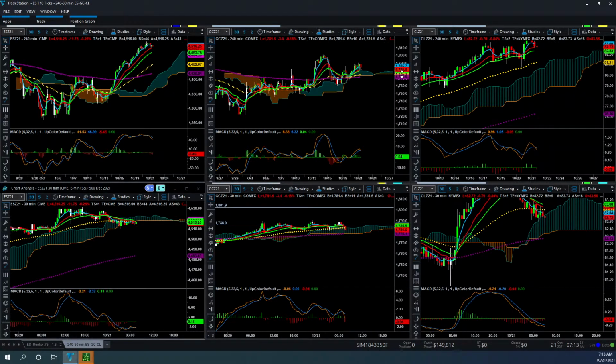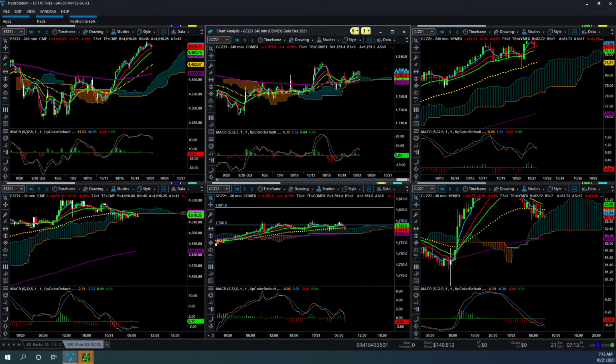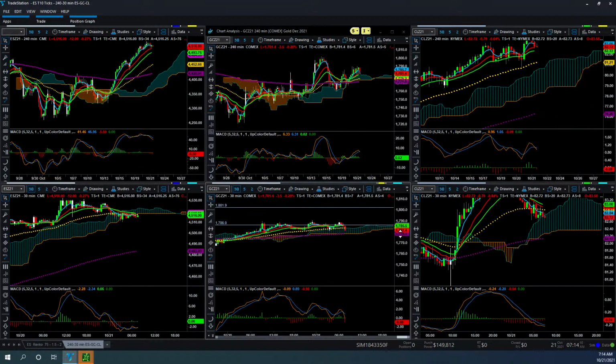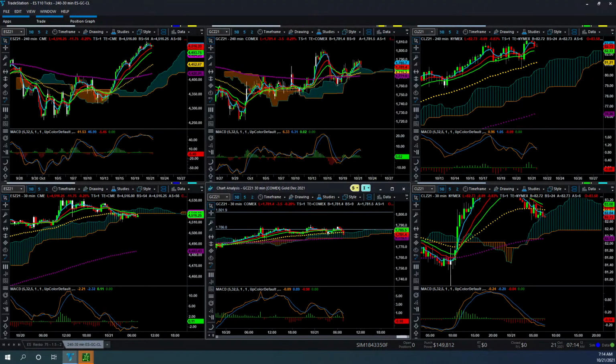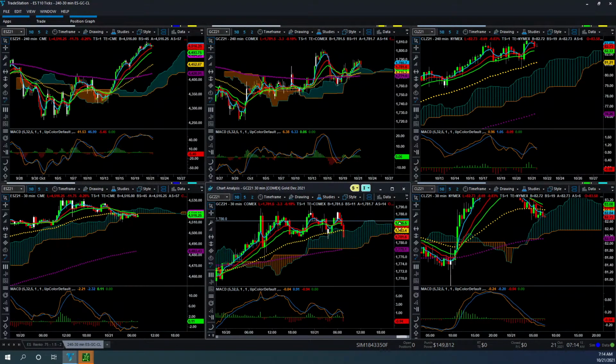Gold in the 240 looks bullish. Coming back, this last bar is a little bit bearish, so we'll see. And this one here looks toppy to me. News can change this whole thing.